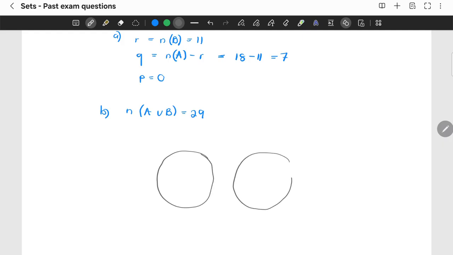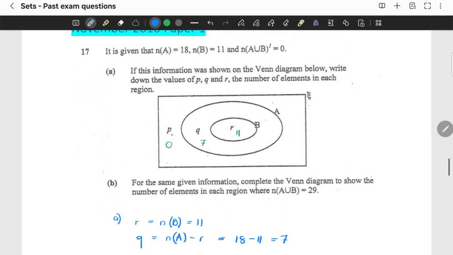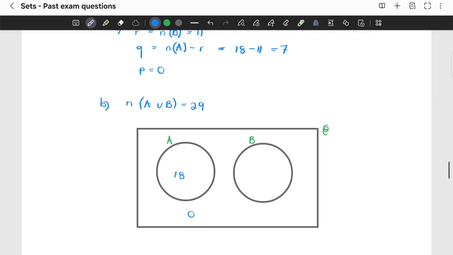we maintain A and B, and we have A, we have B, we have the universal set such that this is still 0, A is still 18, because now it will just be number of elements in A and number of elements B is 11.